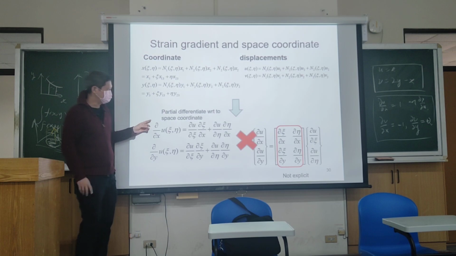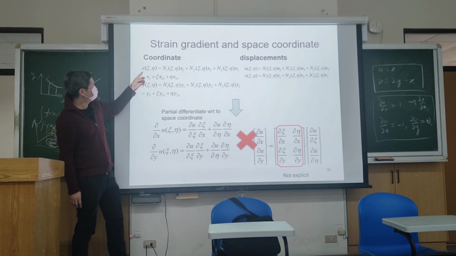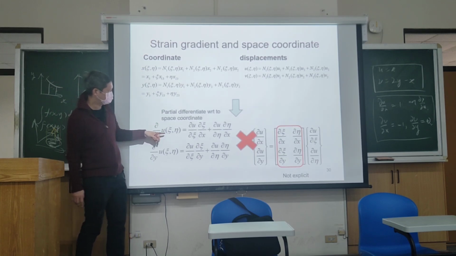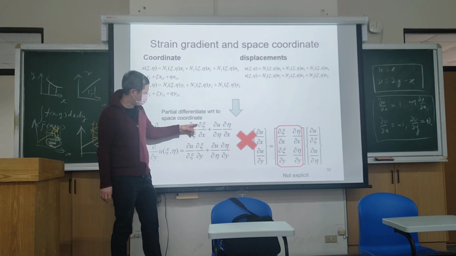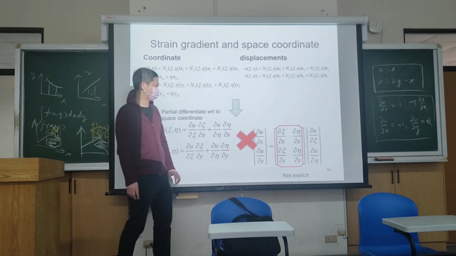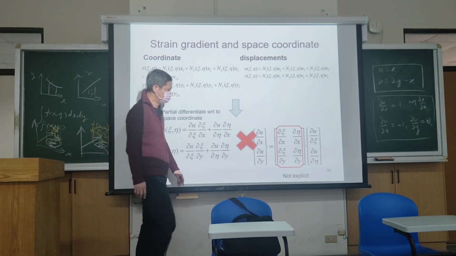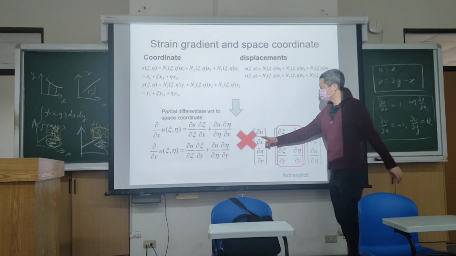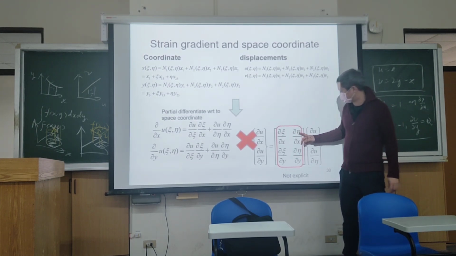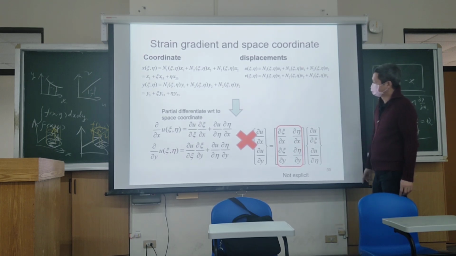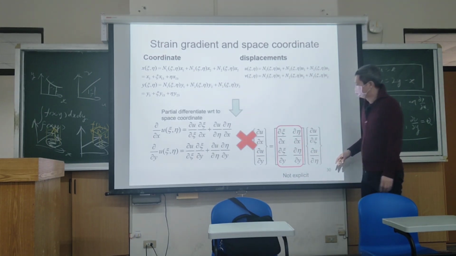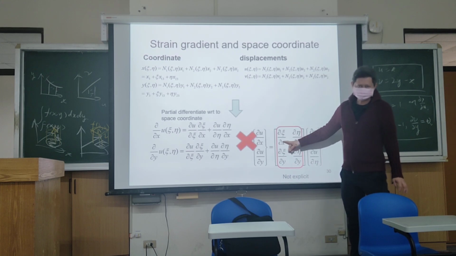So in this case, you can write del u del x as del u del psi times del psi del x plus del u del eta times del eta del x. Okay? But look at your given coordinate and shape function. Okay? So del psi del x is not available.